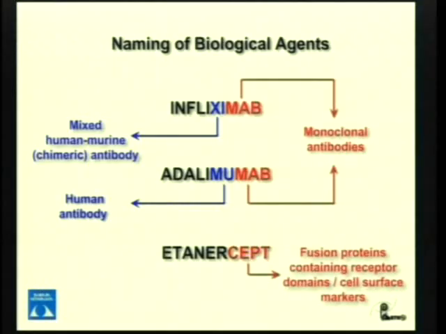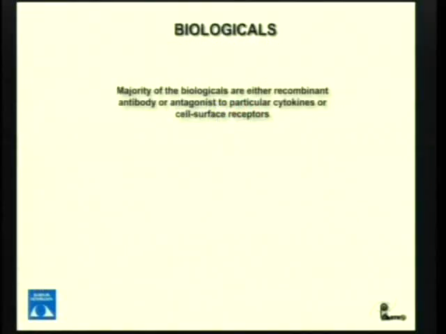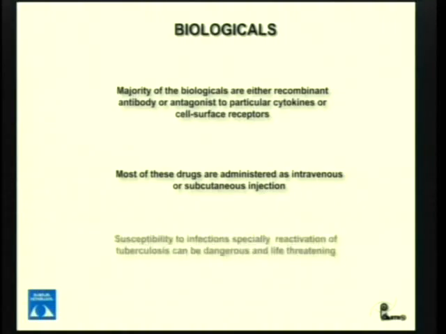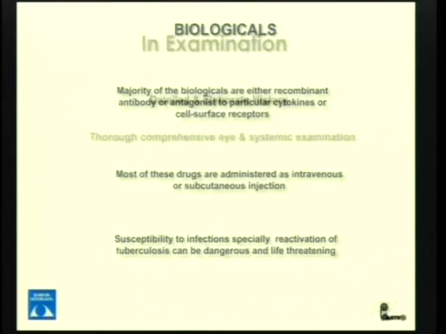And in etanercept, cept indicates a fusion protein which acts against the receptor domains or the cell surface markers. The majority of these are recombinant antibodies, mostly given as subcutaneous and intravenous injections. Reactivation of granulomatous infection like tuberculosis is a major and life-threatening problem which limits their use in our country.